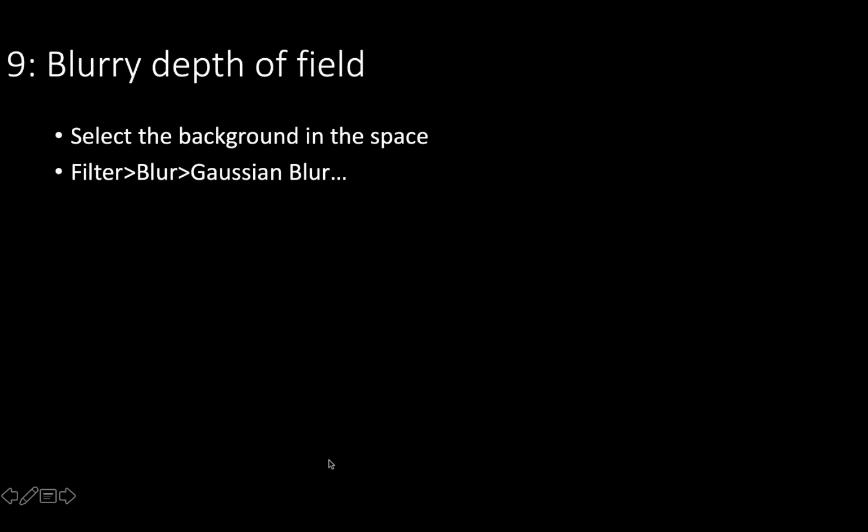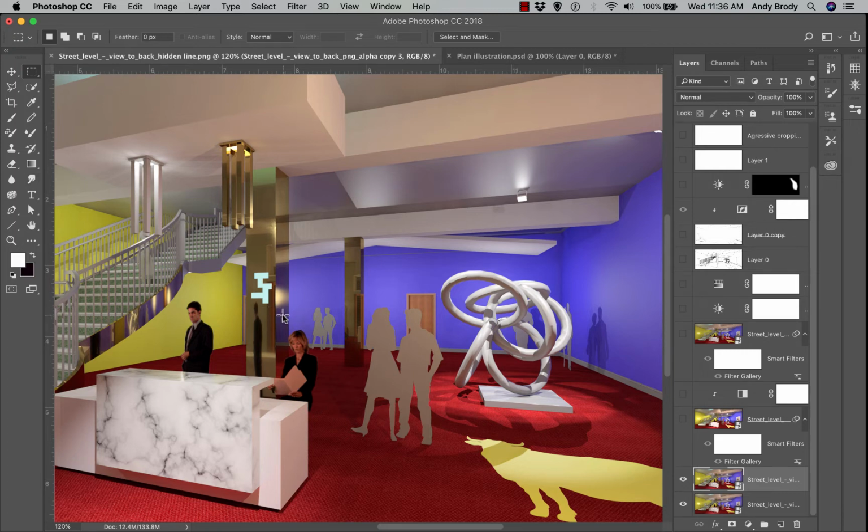So this next effect gives you a sense of depth in the space, kind of brings your eye forward, and it's blurring the depth, the deep part of your project. So with this one, very similar to what we did before, you're probably going to want to select an area using any of the selection tools that are convenient for your particular composition. I'm going to just lasso here, and I want to basically select the back of the space.